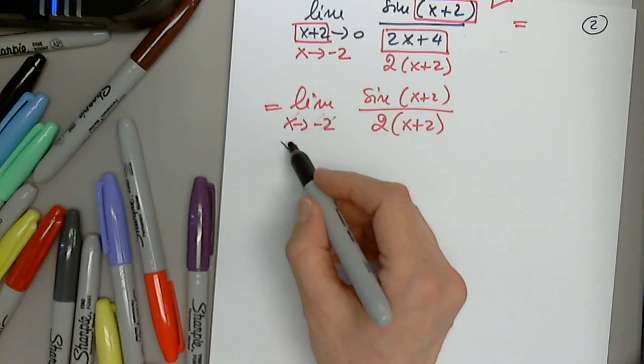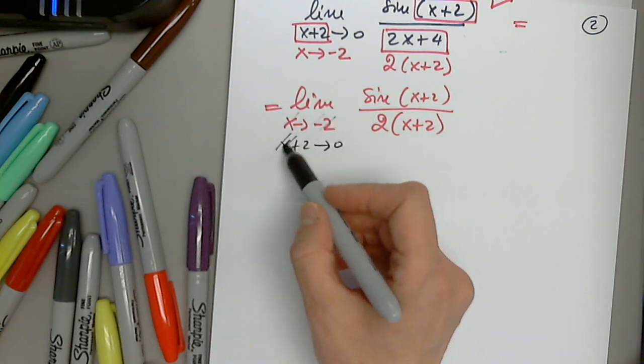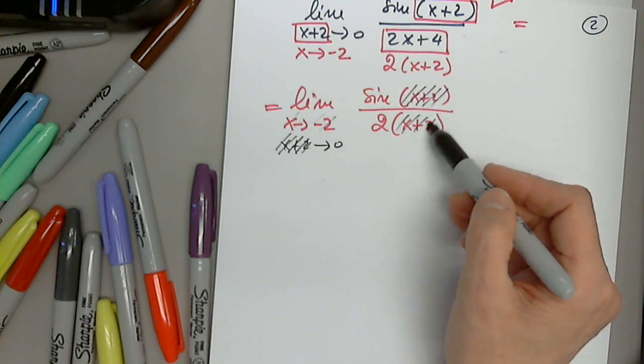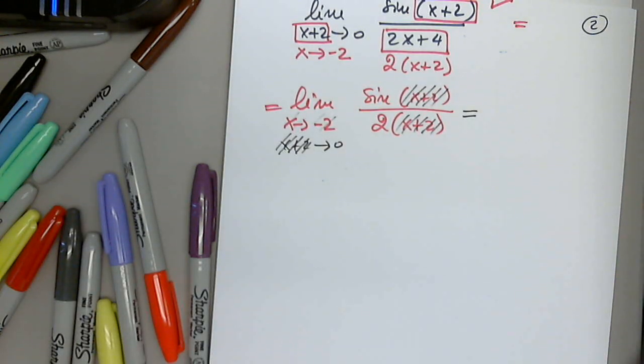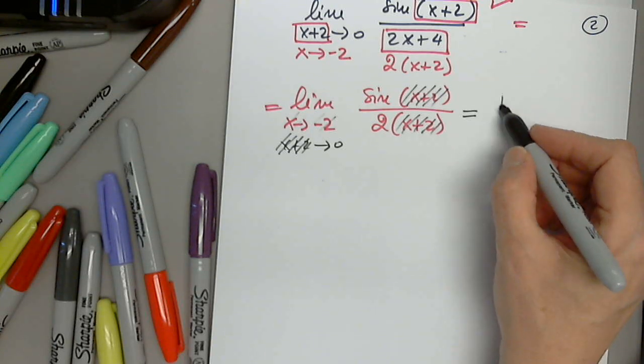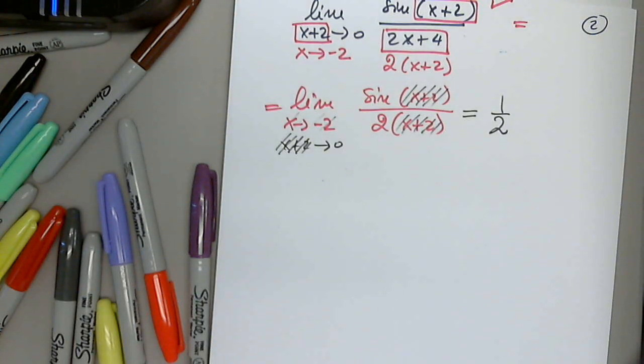This means x plus 2 approaches 0, so I have this, and I have this. Can anyone give us the limit? Perfect. So the limit of sine of x plus 2 over x plus 2 approaches 1. But 1 times 1/2 will be 1/2, indeed.